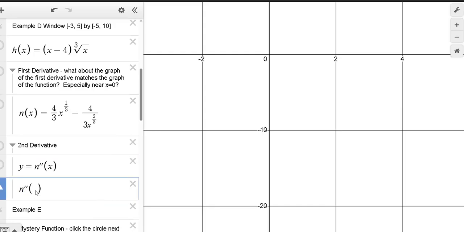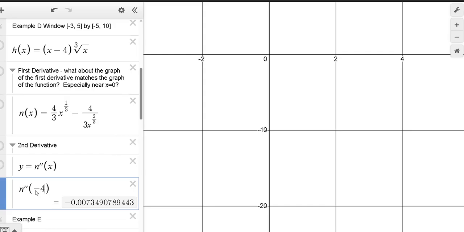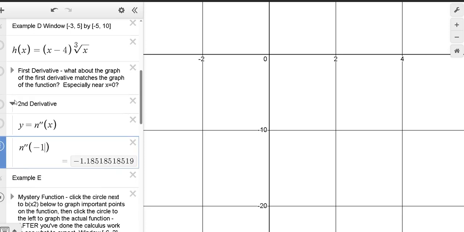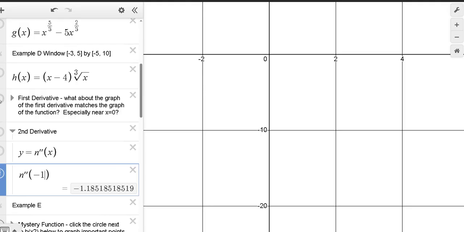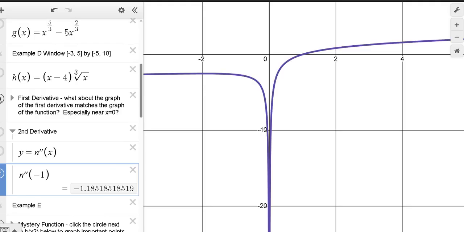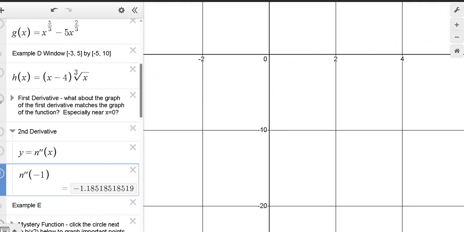N of -4. It's negative. -1. Ah, boy. This isn't working out like I expected. There's something wrong with this. My apologies. There's the first derivative.